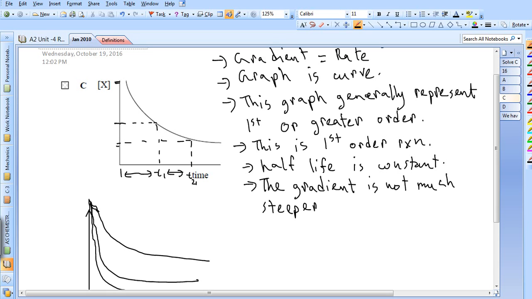So this should be the answer, since here the half-life is constant and the gradient is not that much steeper. This graph represents the first order reaction. So C would be the answer.